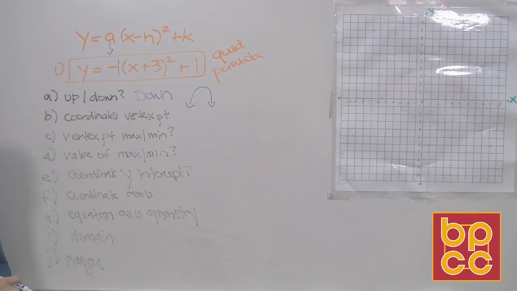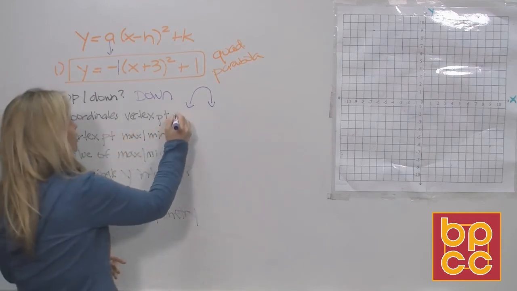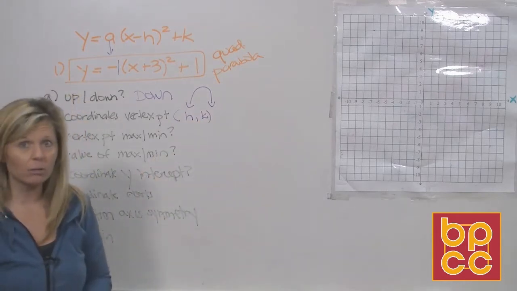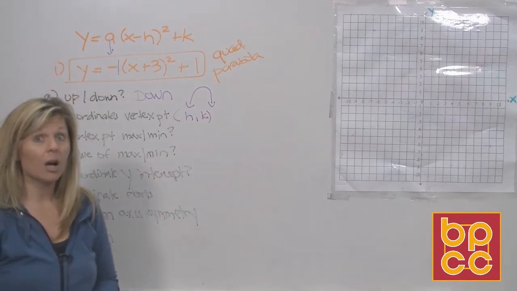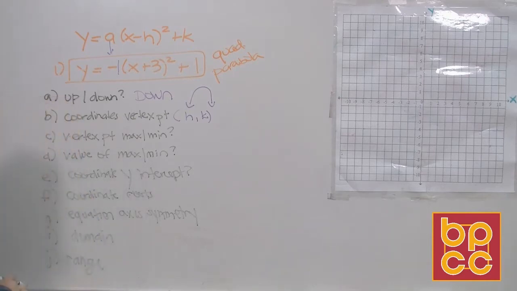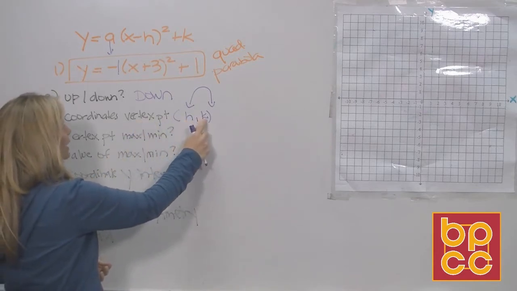The other piece of information you'll get out of looking at this equation in standard form is the vertex point. The vertex point is h and k. It's not called the center. Remember, the center of a circle, ellipse, and hyperbola was h and k. There is no center to a parabola. You call it the vertex point. There's an h value and a k value.